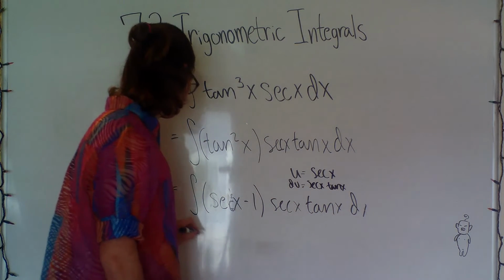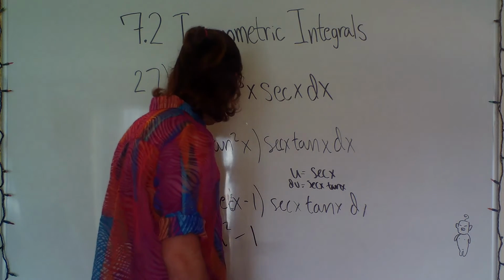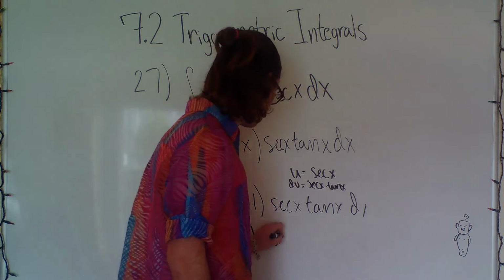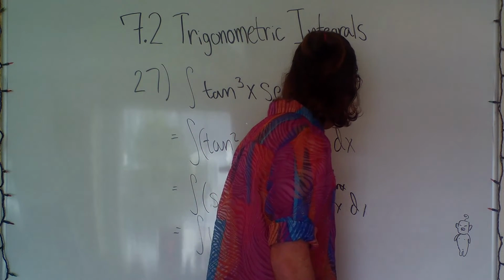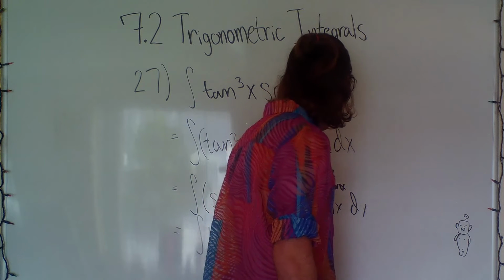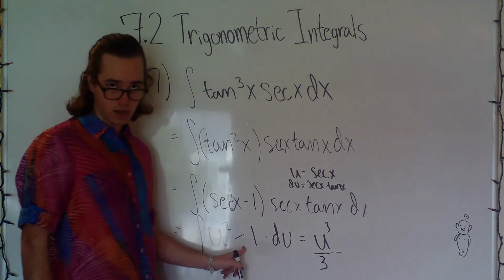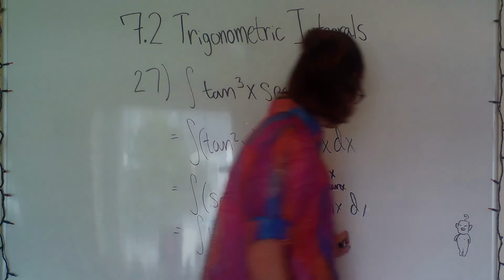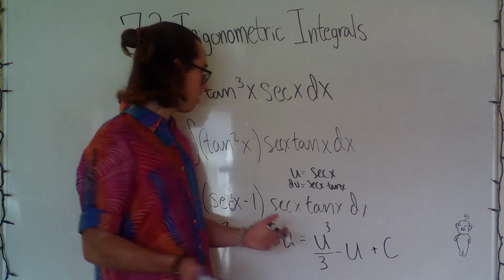Then this is going to be equal to the integral of u squared minus 1 du, which is just going to be equal to u cubed over 3 minus, well, the integral of 1 is just going to be u, and then plus c.